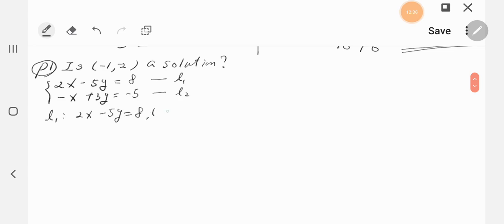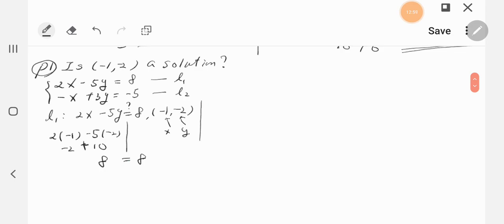Let's plug in negative 1 and negative 2 for x and y. So 2 times negative 1 minus 5 times negative 2. Let's check whether this is 8. Negative 2 plus 10 is 8. So this point is on line 1.